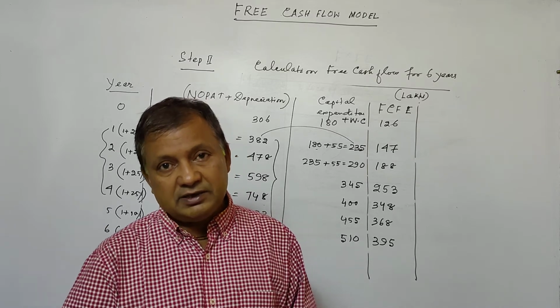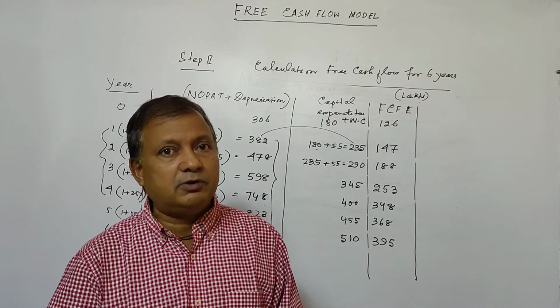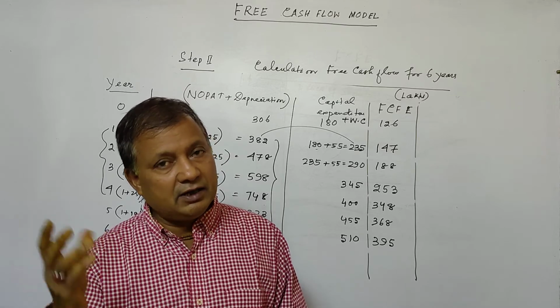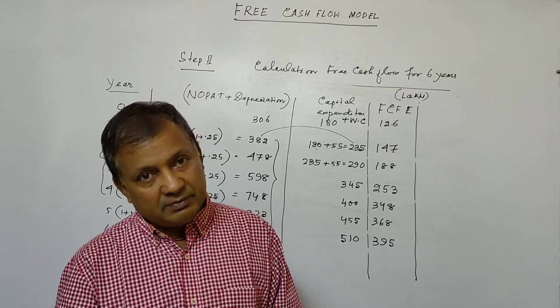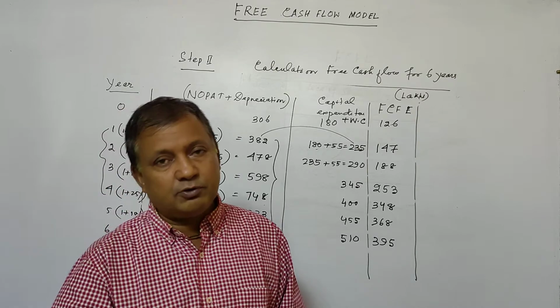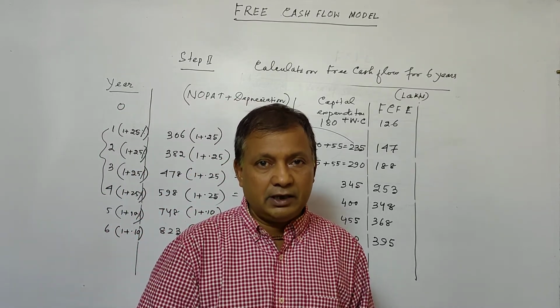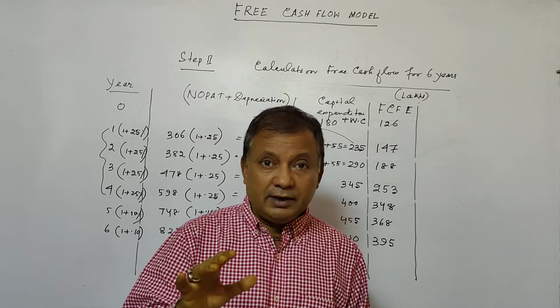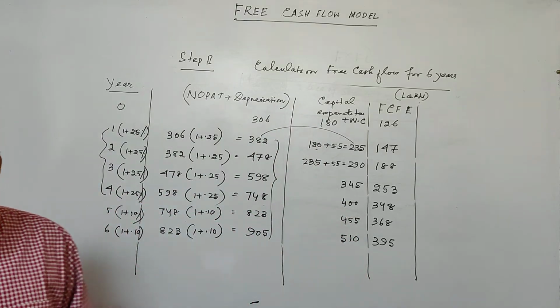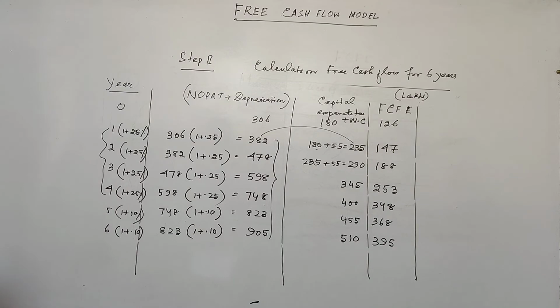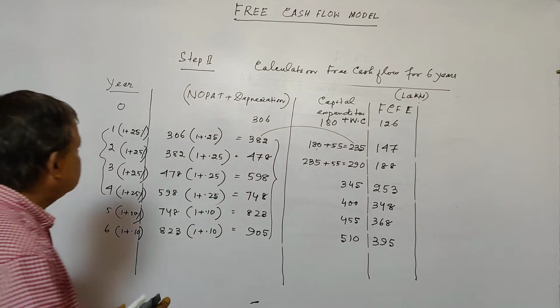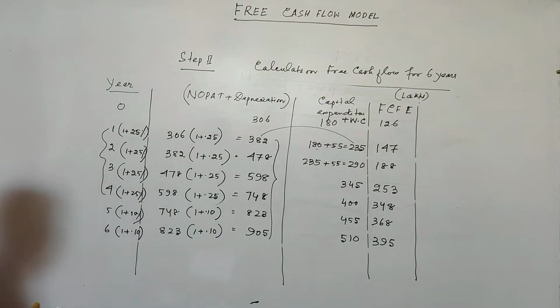That is the capitalized value of the terminal cash flow, and we have to discount it to find its present value. So we shall come to the third step like this. So I think you note it down.